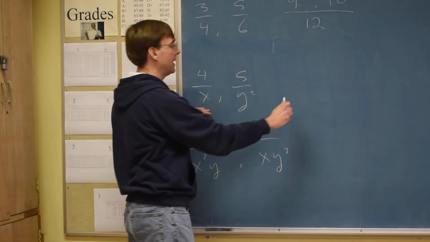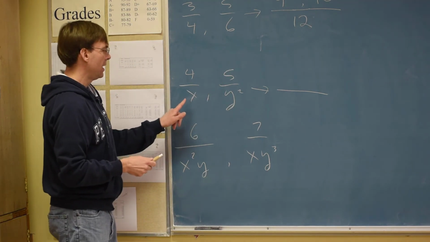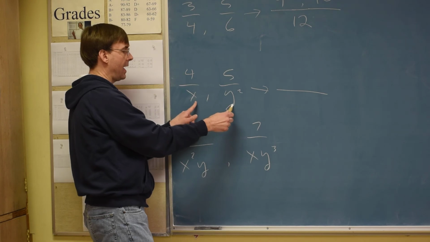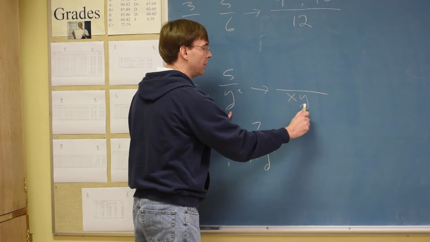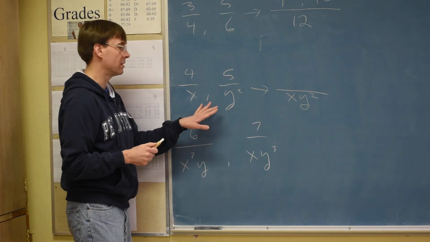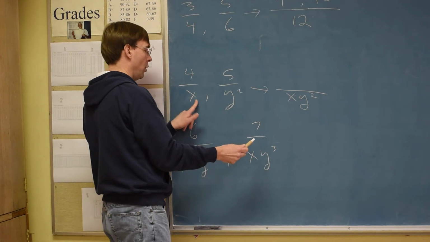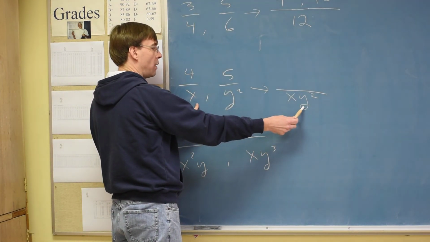So for something like this, they're both going to have the same bottom. Take everything the most you see it. We're looking at an x, so we have to take that. We see a y squared, we have to take that. Everything we see, we have to take. Then we look and think, what was this fraction missing? This fraction was missing the y squared.